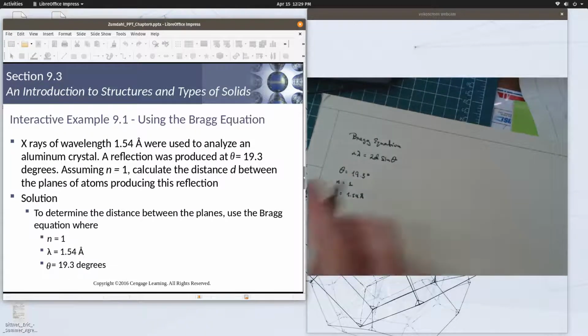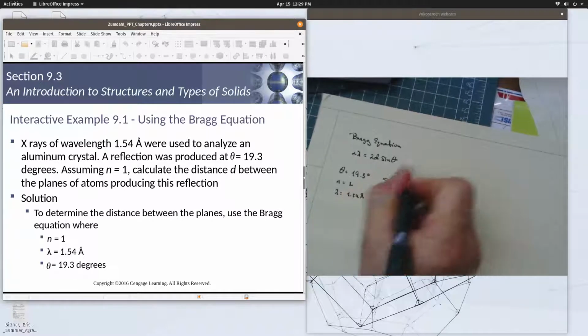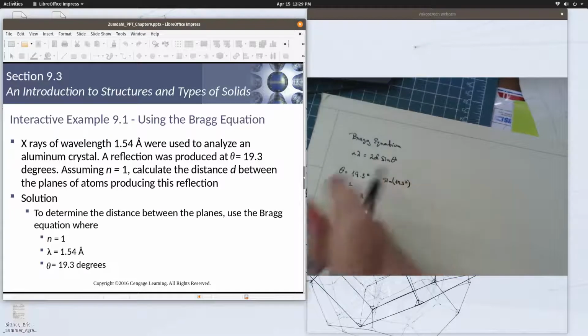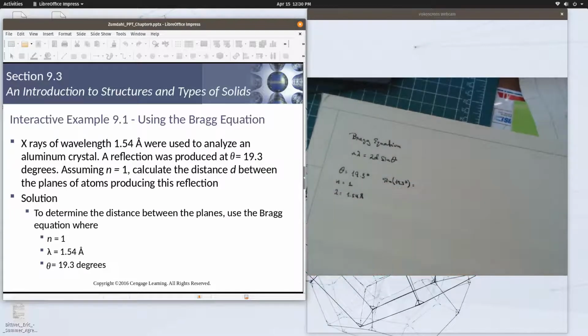Okay, so that means that I simply need the sine of 19.3 degrees. You need to make sure that your calculator is in degrees and not radians.